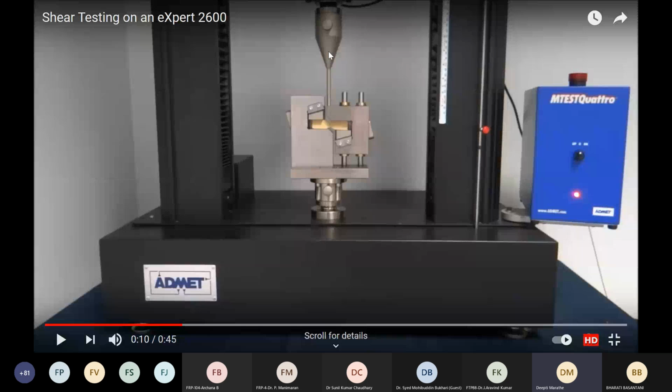This half is supporting the sample, while this half is being pushed down so that shear is created in this particular region. So when I push this down, naturally in this notch area the material is going to be sheared, and whatever I read off the gauge is going to give me the shear property.